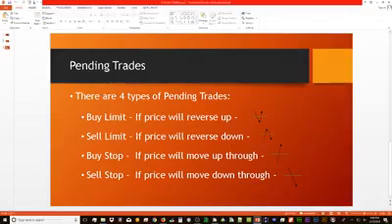with the MetaTrader PC/Mac version. Unfortunately, with the mobile version, you can't click and drag that easily, but you can still set your stop loss and take profit.